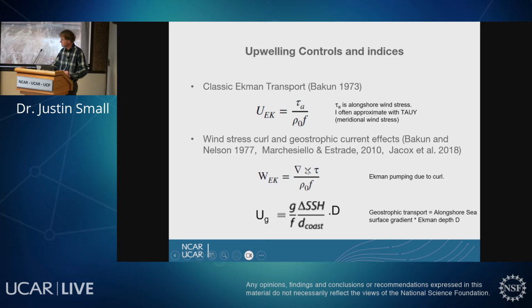These top two are dependent on the wind stress. This bottom one is not directly dependent on the wind stress. It's a geostrophic current. It's dependent on gradients of the sea surface height. That's this delta SSH over a distance here. And then this is integrated over an upper ocean layer of width d.